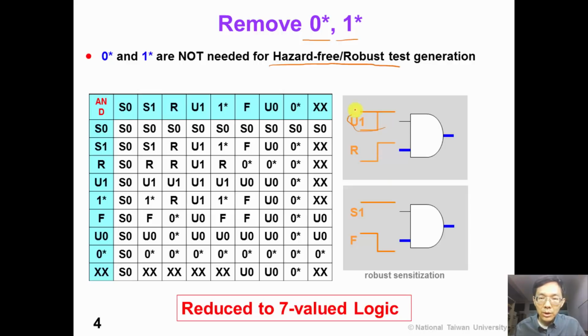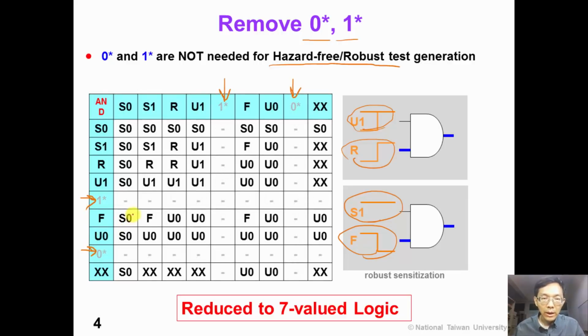We only use U1, R, static 1, falling. So we don't actually use 0 star and 1 star. We can actually remove these 2 rows and these 2 columns from the table, so that we are left with only 7-value logic, which is much better than the 9-value logic.